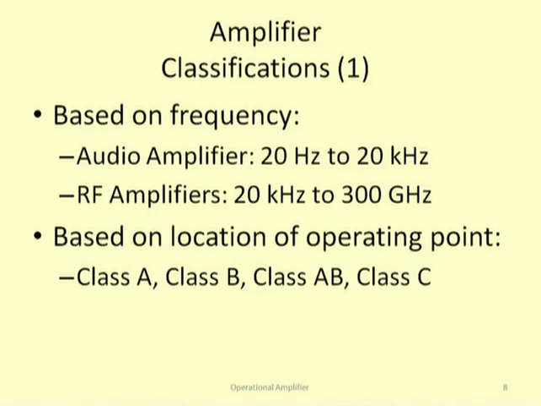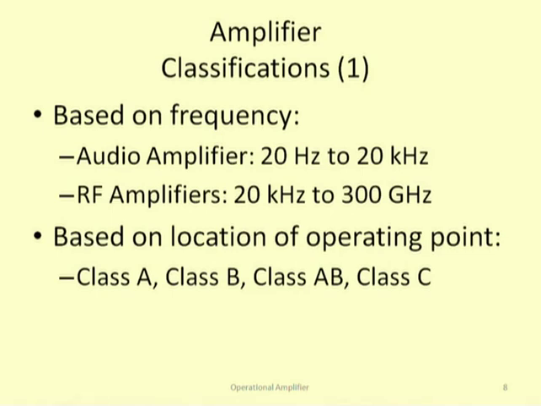So basically, if we want to classify amplifiers on the basis of the frequency of the input signal, then we can have two categories. One is the audio amplifier, which can amplify input signals within a frequency range 20 Hz to 20 kHz. The second category is the RF amplifier, which can amplify input signals whose frequency could be in the range 20 kHz to 300 GHz.